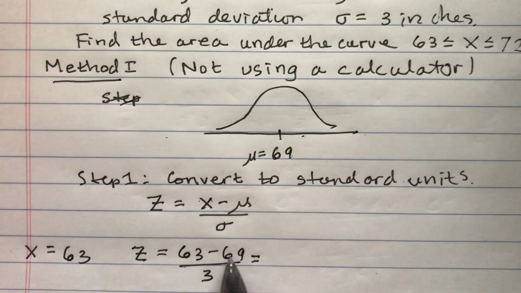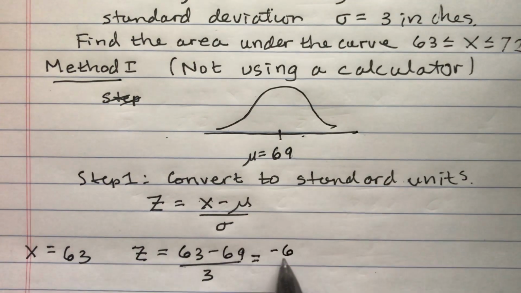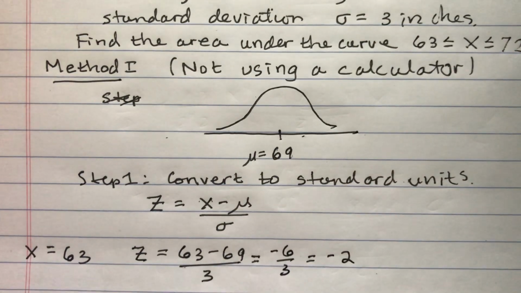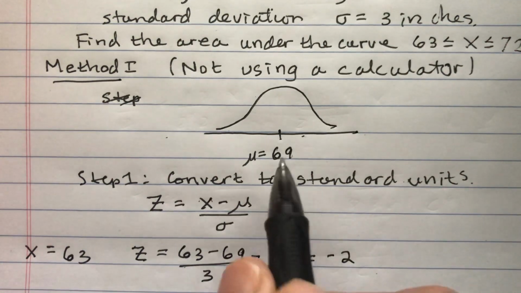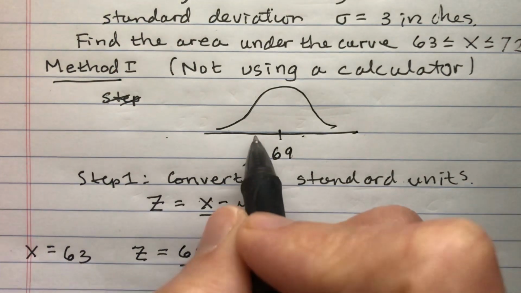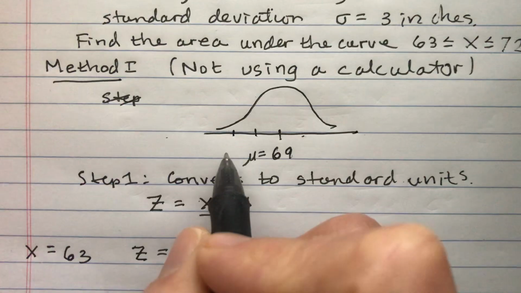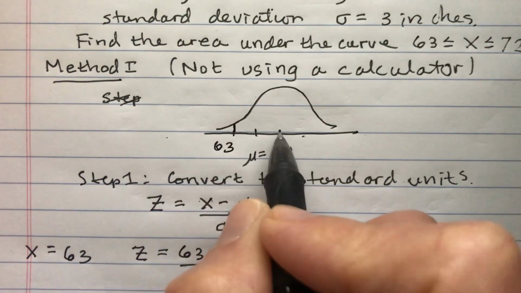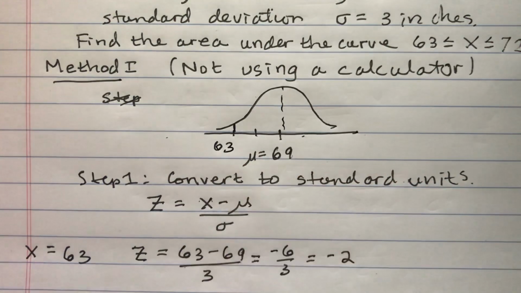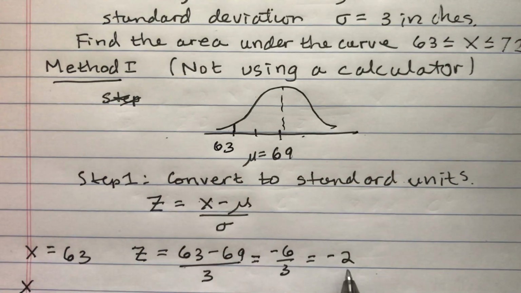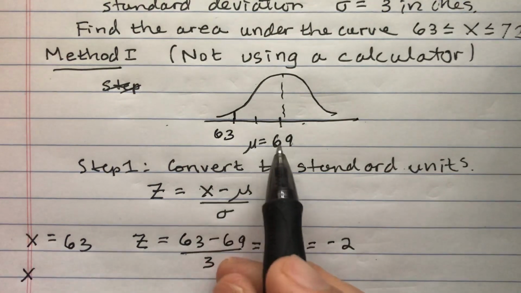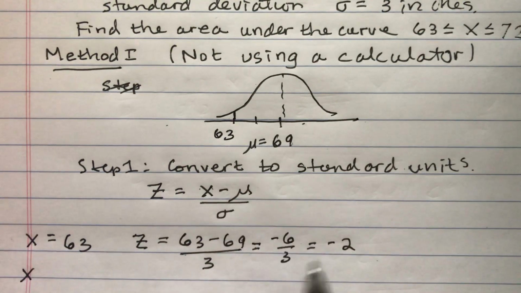So 63 minus 69 is negative 6 over 3 is negative 2. That gives negative 2 standard units. Now that I see negative 2 here, what this is saying is that 63 inches is 2 standard deviations away on the left from the mean. It's 2 standard deviations below the mean because it's negative.